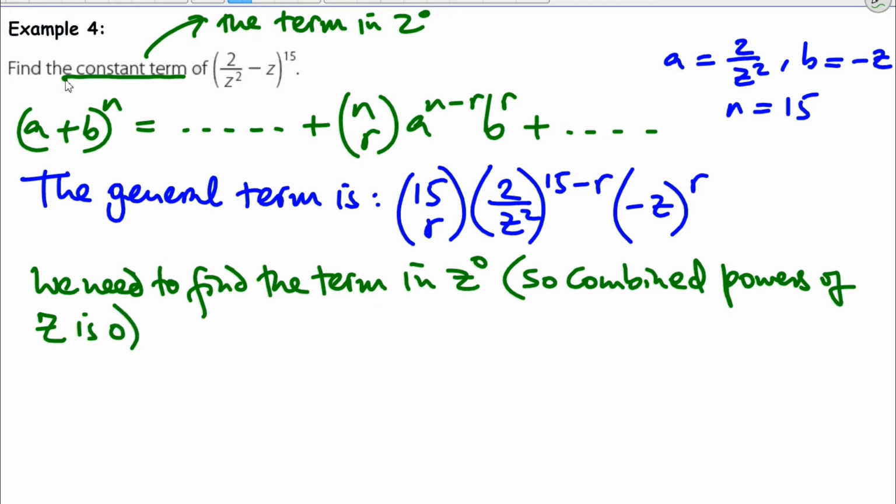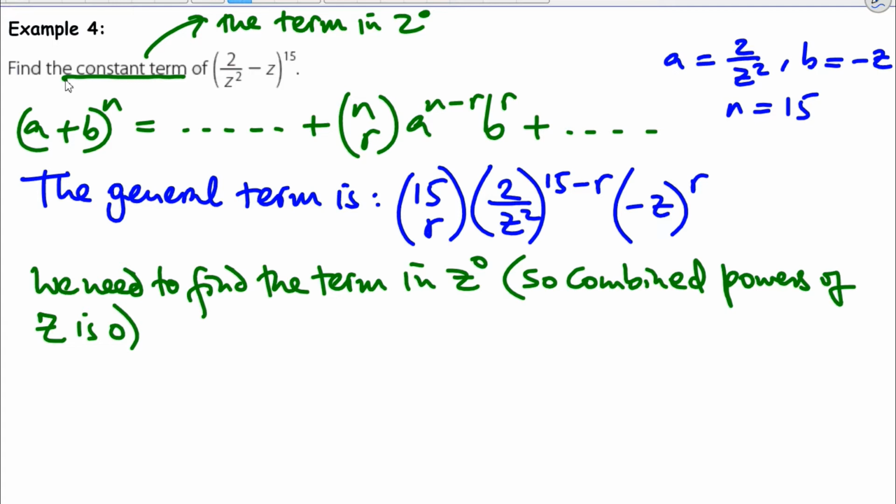If the combined powers of z are 0, we just focus on powers of z from the general term, and we equate them to 0.